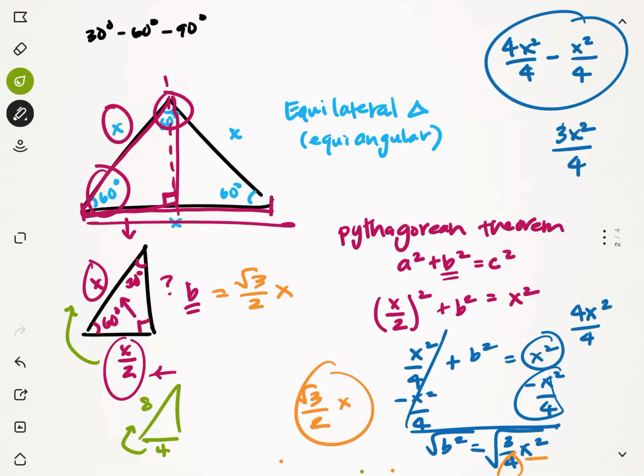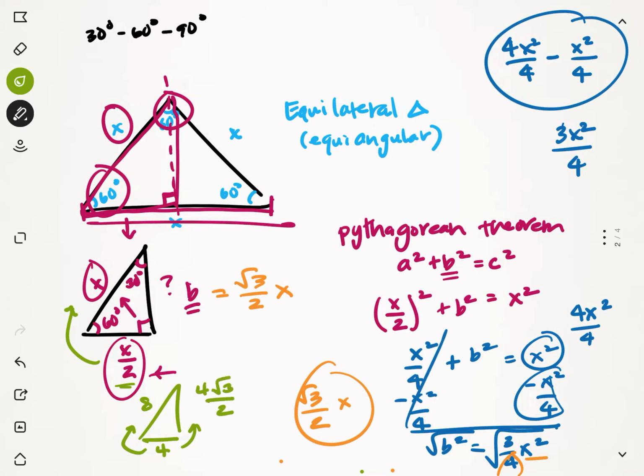That's 8. And another way to check it is make sure that the short side is half of the hypotenuse, which is true. 4 is half of 8.